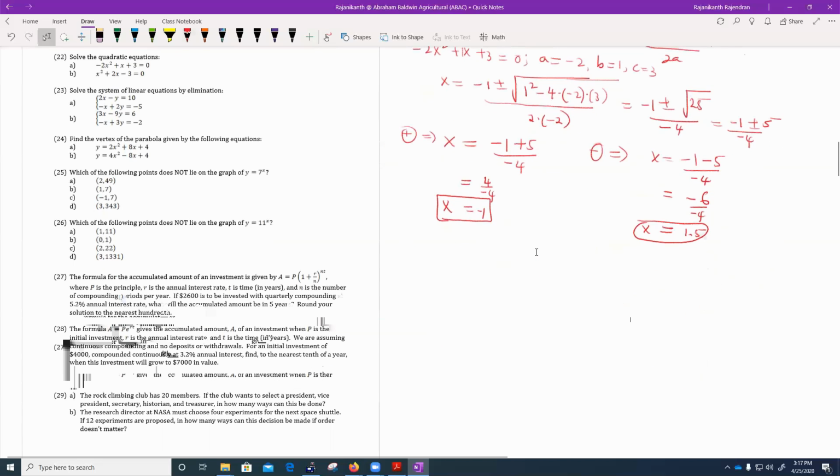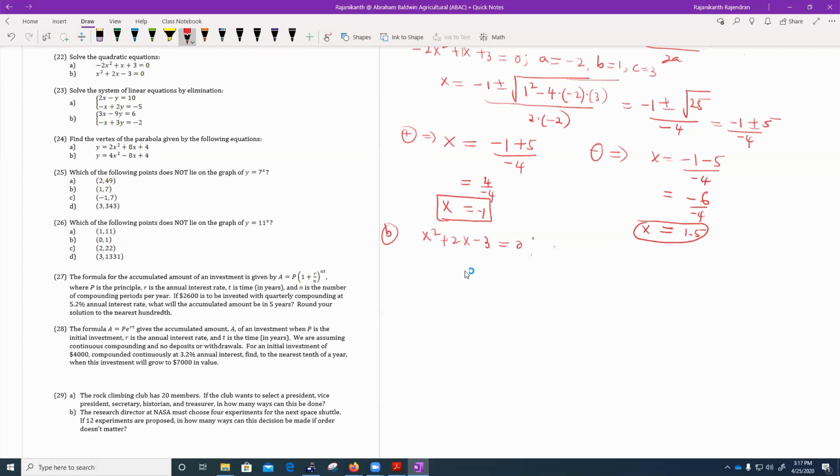Okay, now the second one, part B. The given equation is x squared plus 2x minus 3, which is 0.